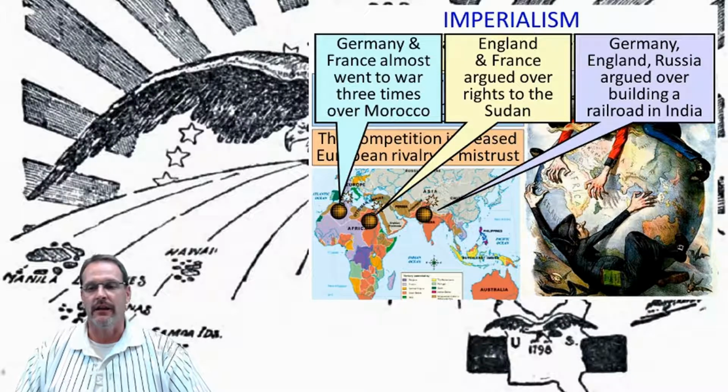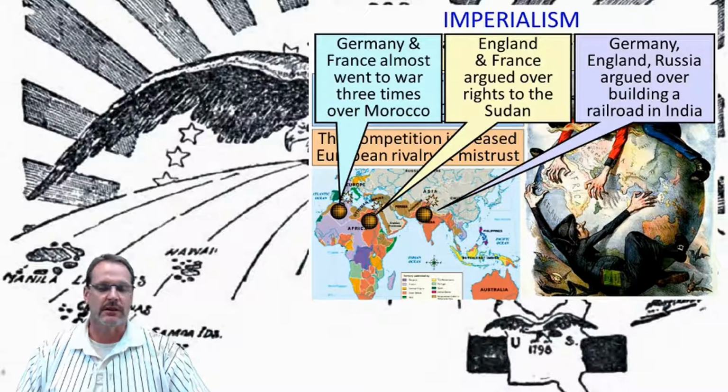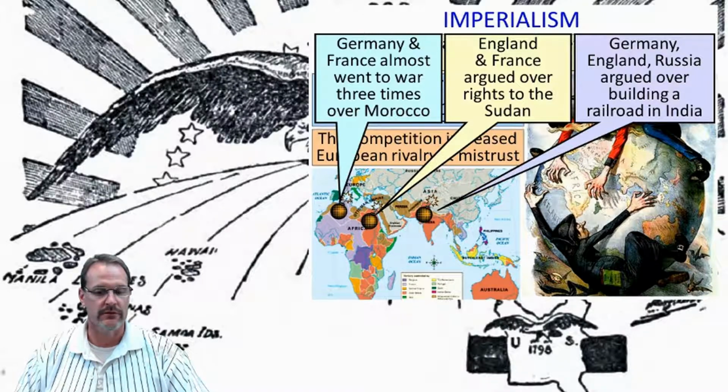We've got Germany and England and Russia who are arguing over the building of a railroad in India, and so on and so forth. So we've got a lot of jockeying around, a lot of positioning going on. So we're leaders in imperialism. Claims, remember imperialism, claims by Europeans, big countries, over smaller countries.